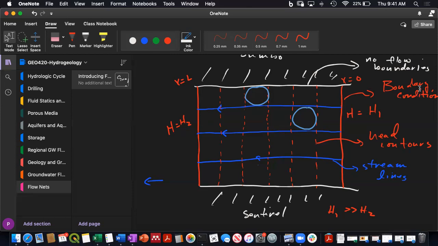I'm now going to talk about the rules of constructing a flow net that make it something that we can make quantitative calculations with.